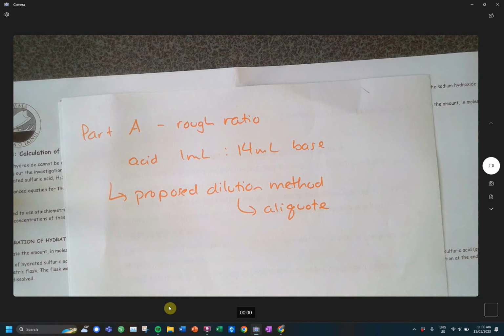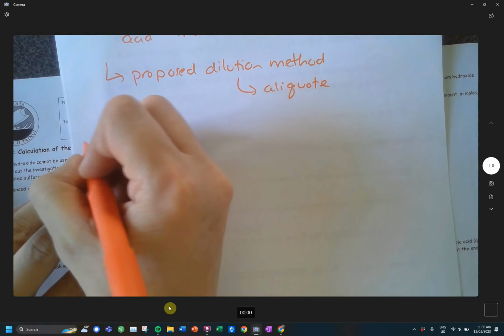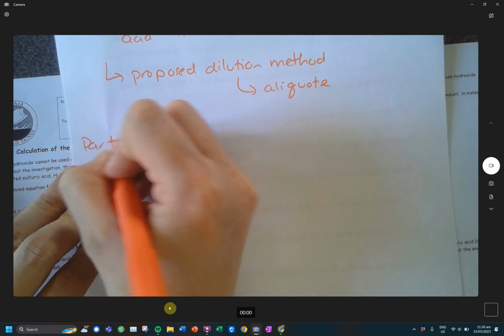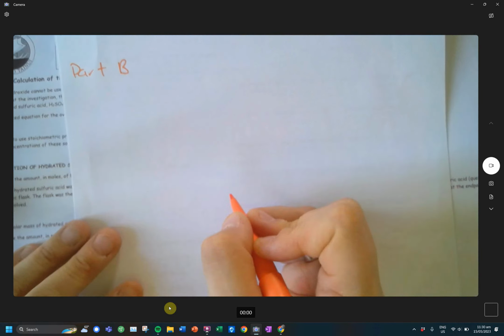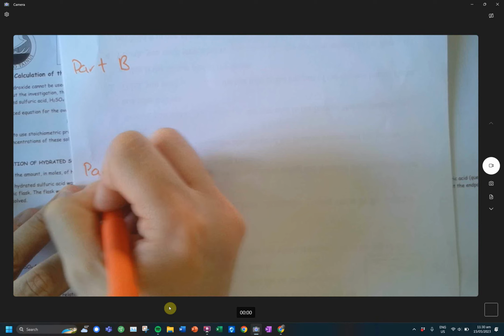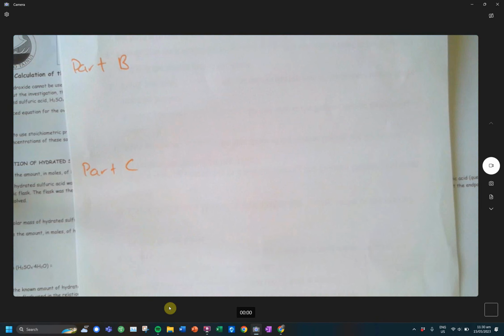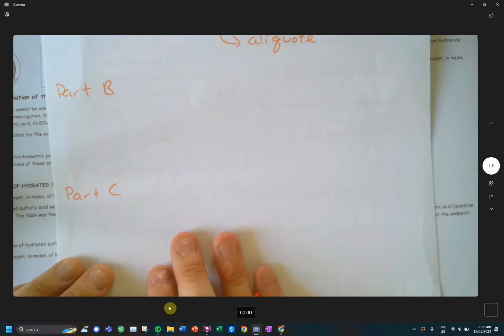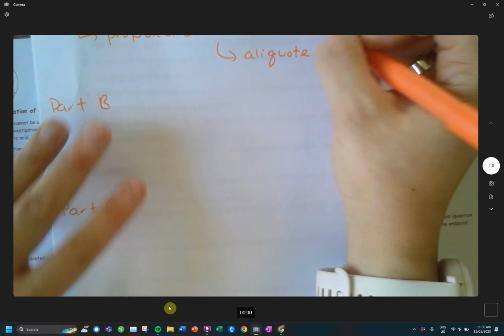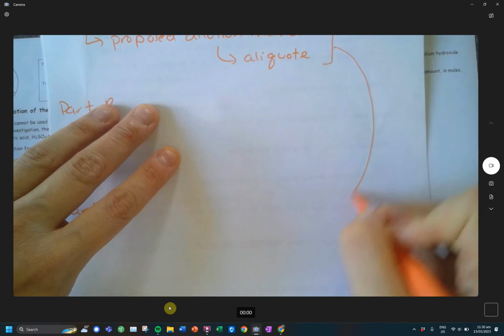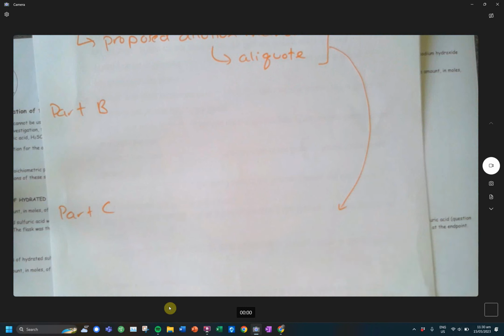So let me run you through the ideas between part B and also part C. I'm actually going to jump to part C and then backtrack why we need to do part B. So when you guys have part C, what you are doing is you are taking your diluted solution and you're going to use that for a titration.